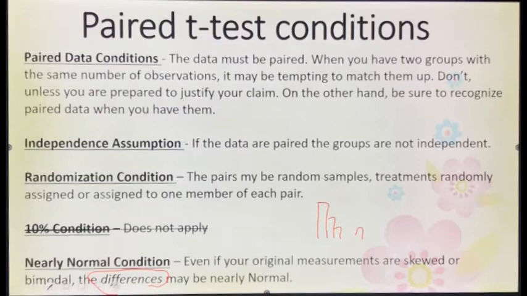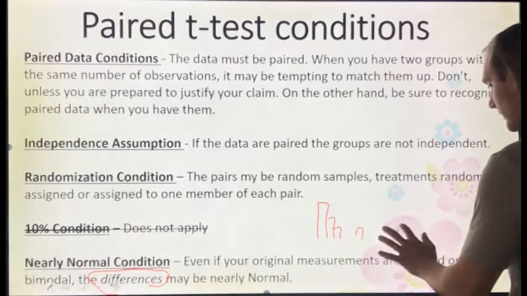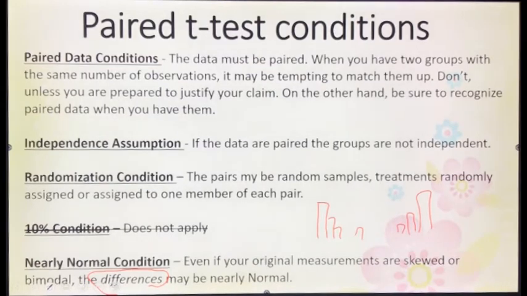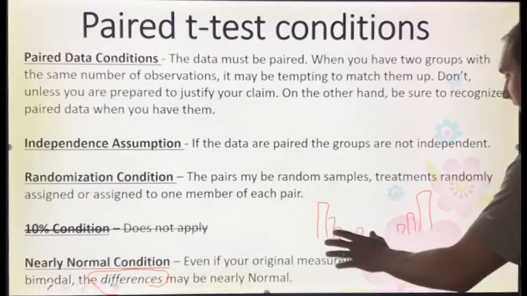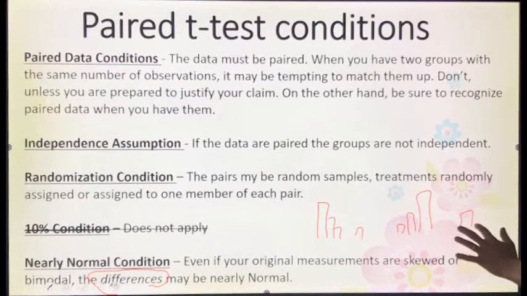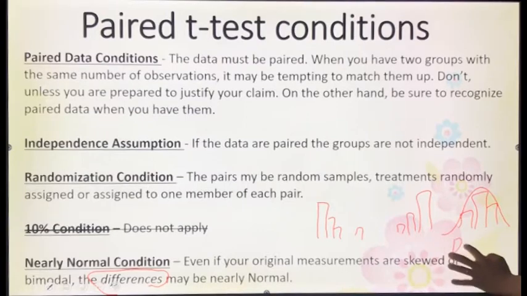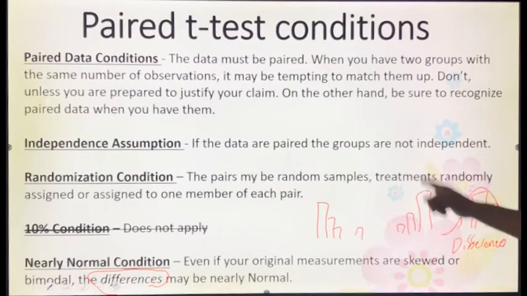And then I run my test after the training, and that data looks very skewed. That's okay as long as when I take the differences of my information, that reflects a normal model. So we want to look at the data differences and not just the specific data points themselves.